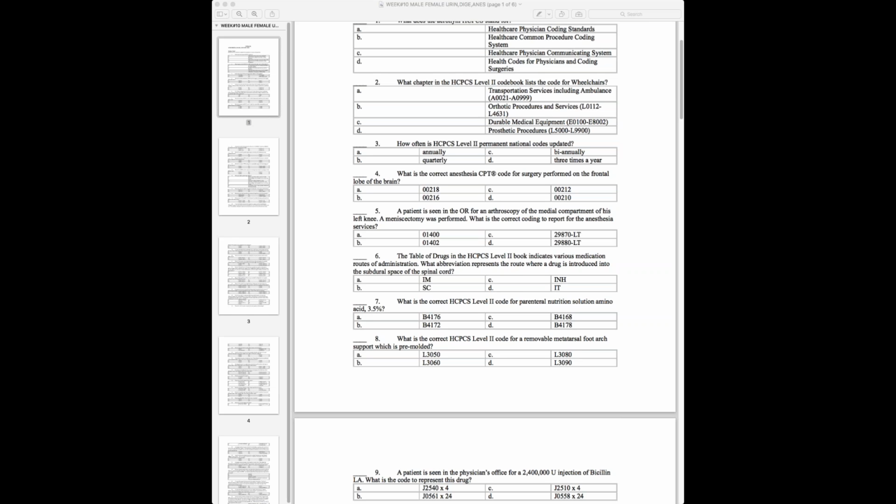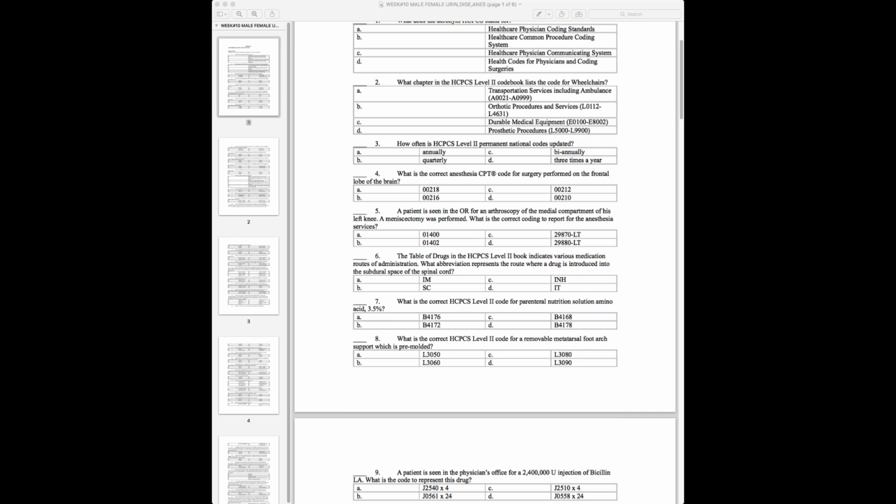Number 49, let's see. They just want you to use your CPT book, and they want anesthesia for arthroscopy of the shoulder. So again, you can go back to the index. I like using the index for anesthesia to just cut time.